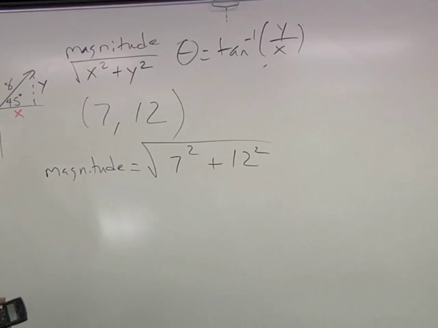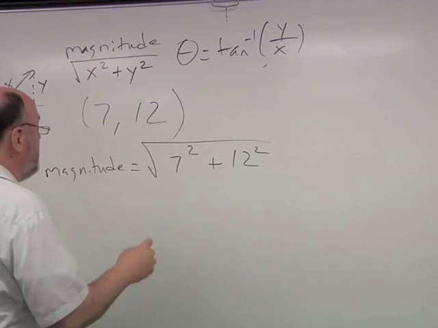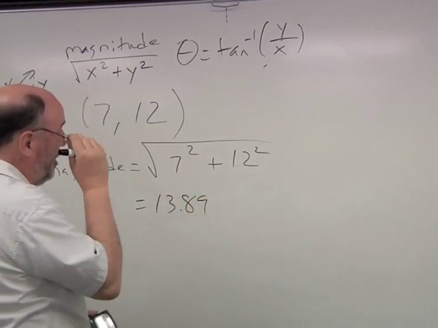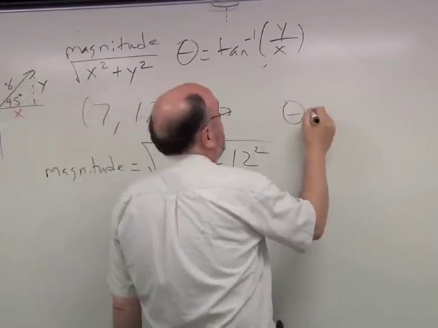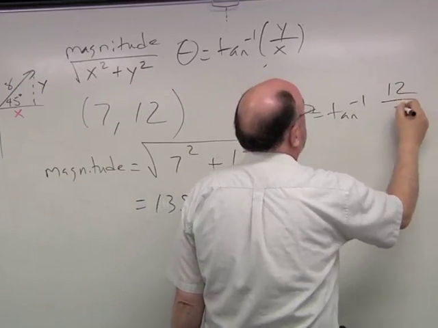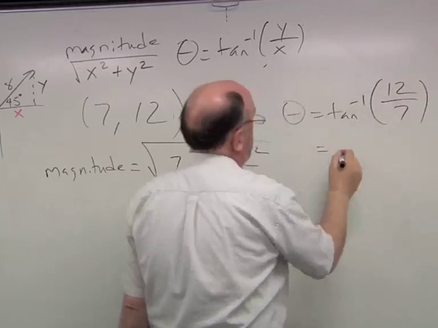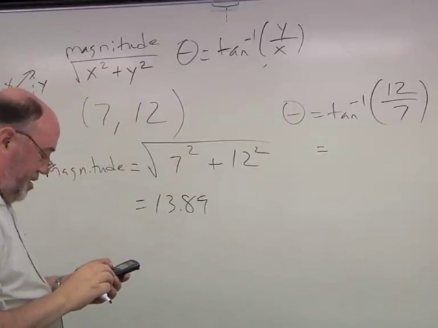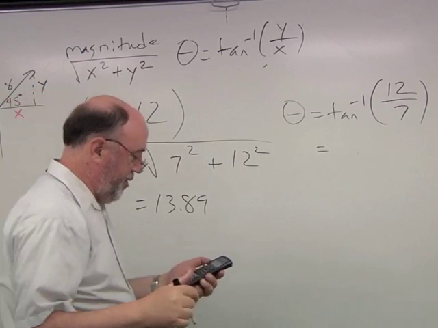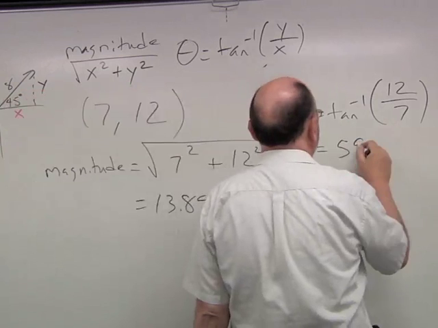So again, that we can just plug in. And we found out that that will give us 13.89. And then our angle theta will be the inverse tangent of 12 over 7. And that'll give us an angle of 59.7 degrees.